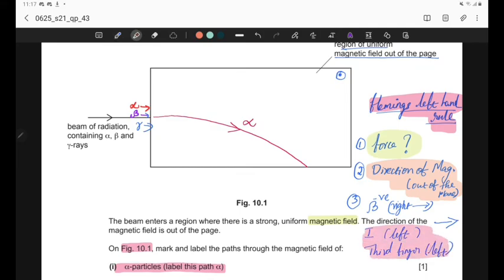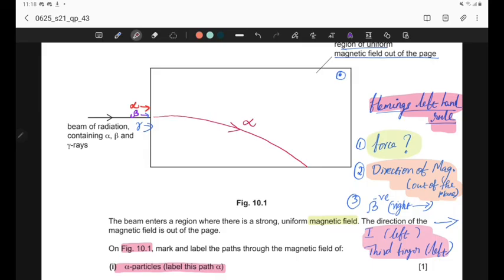You should know that as beta particles are just opposite of alpha particles, or beta particles are just negatively charged particles, you will always consider just the opposite direction of the current flow. And when you use Fleming's left hand rule, current flow direction indicates the third finger. So for the beta particles direction we have to take just the opposite of current flow.